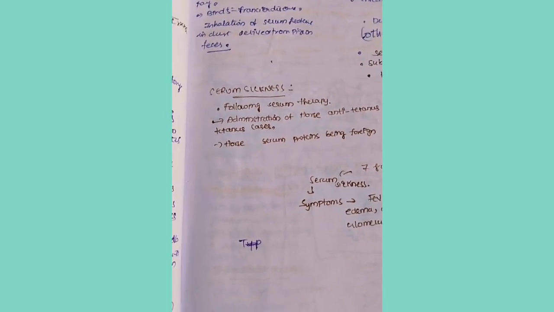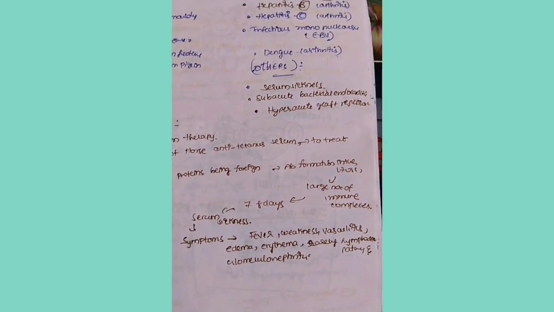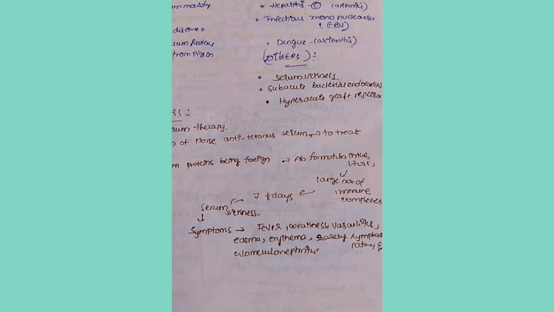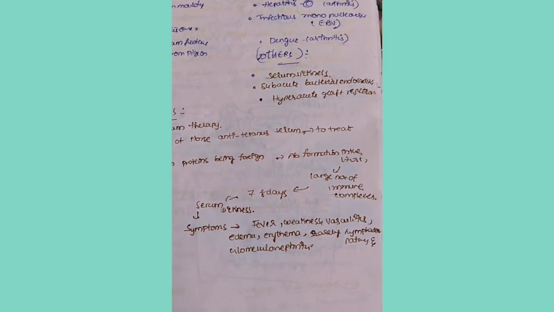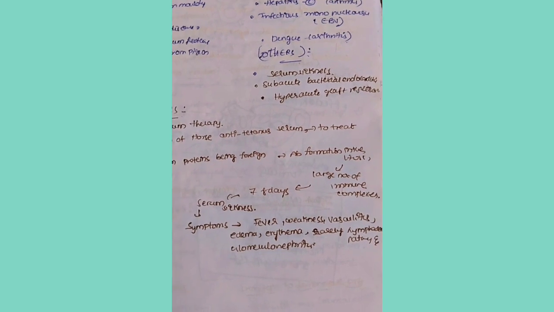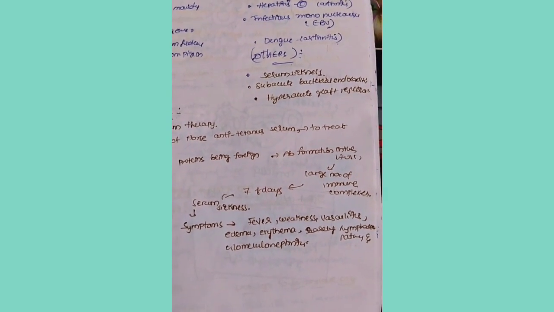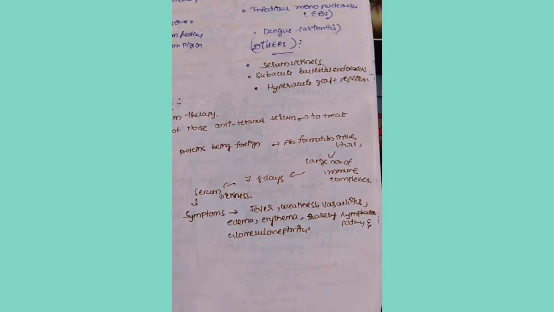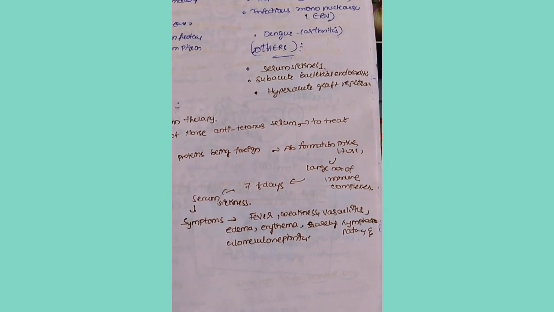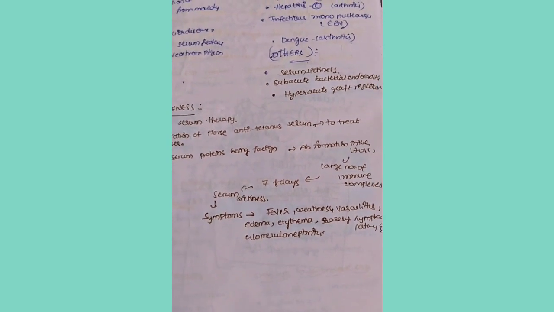Some famous personalities have also died from inhaling bird feces. In viral diseases, hepatitis B and hepatitis C, we see arthritis. Infectious mononucleosis, caused by Epstein-Barr virus, and dengue also show these Arthus reactions.